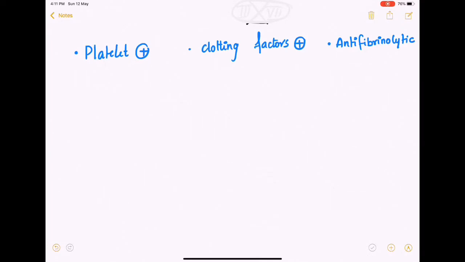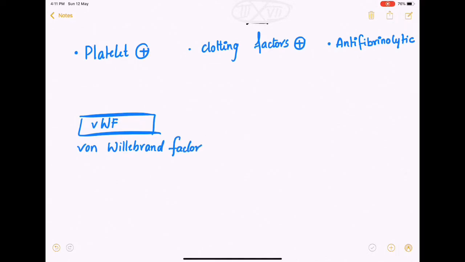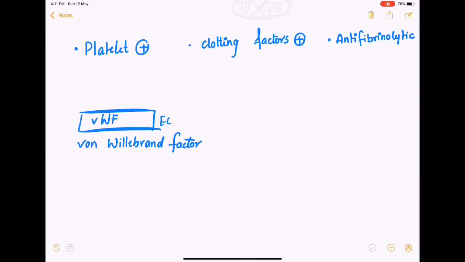Now that the subendothelial extracellular matrix is exposed, there is something called the von Willebrand factor, which is found in the subendothelial extracellular matrix.